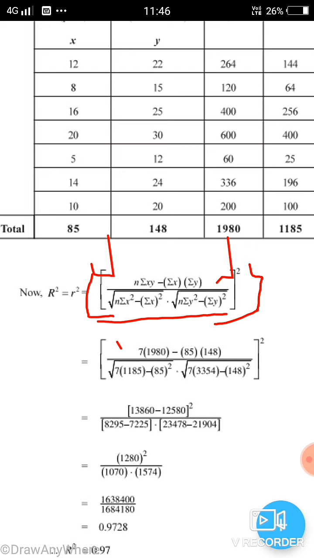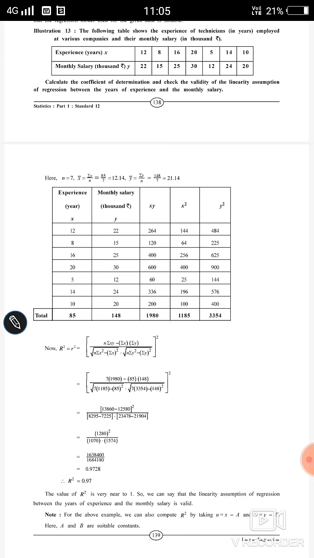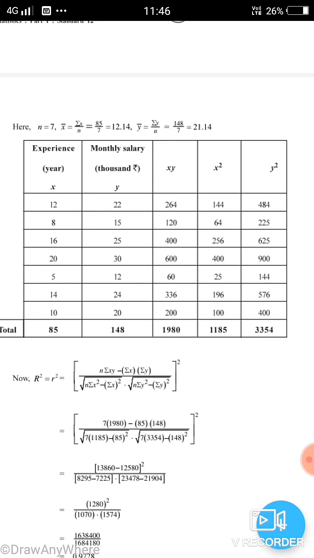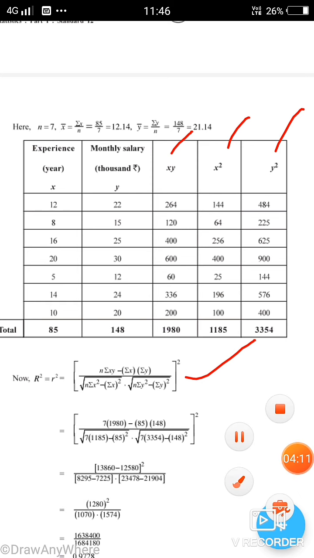Working remains the same as whatever we are doing. Working में कोई change है नहीं. Now according to the formula we find out xy, x square, y square, and the total of all. Now we put all the values into the formula and then we find out the answer, right?